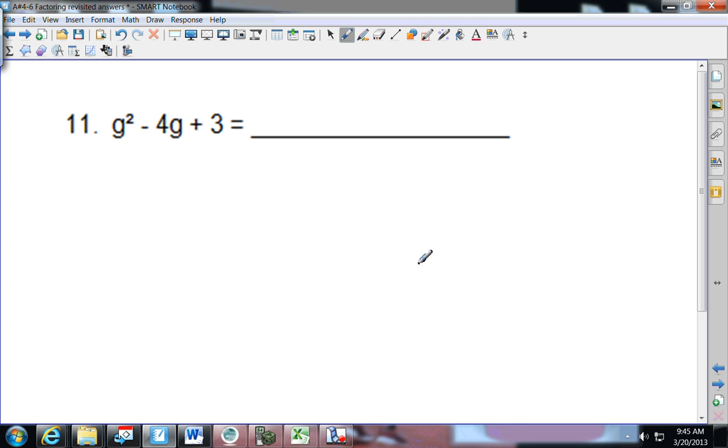Number 11. As I look at this, I see that this is a g squared, which is the same as x squared. I know that I could split it up as g and g. If I'm trying to do this mentally, I see that there's a positive right here. What type of numbers multiply together to give me a positive? Positive and a positive, or a negative and a negative? Since the middle term is a negative, I know that it's got to be a minus and a minus.